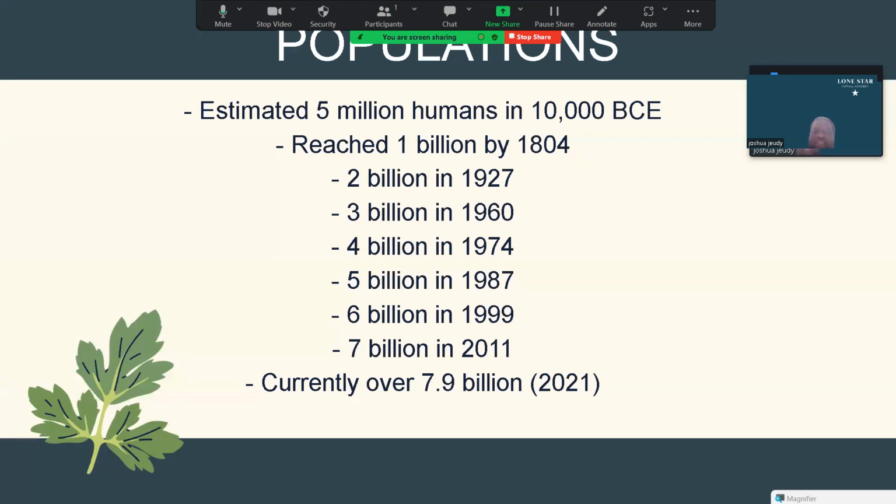Between 10,000 years and 1804, which is about 11 or 12,000 years, human populations barely reached a billion. So it went up a little bit, 5 million, maybe up to 10 million, then 12 and 13.